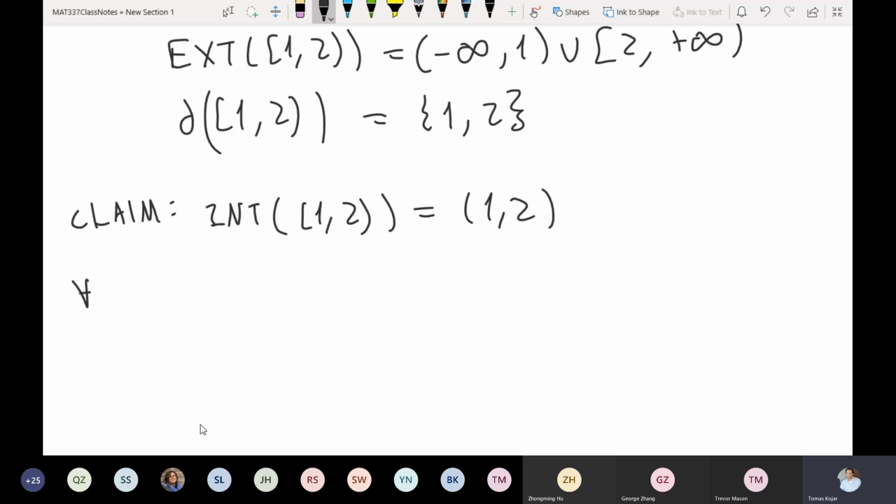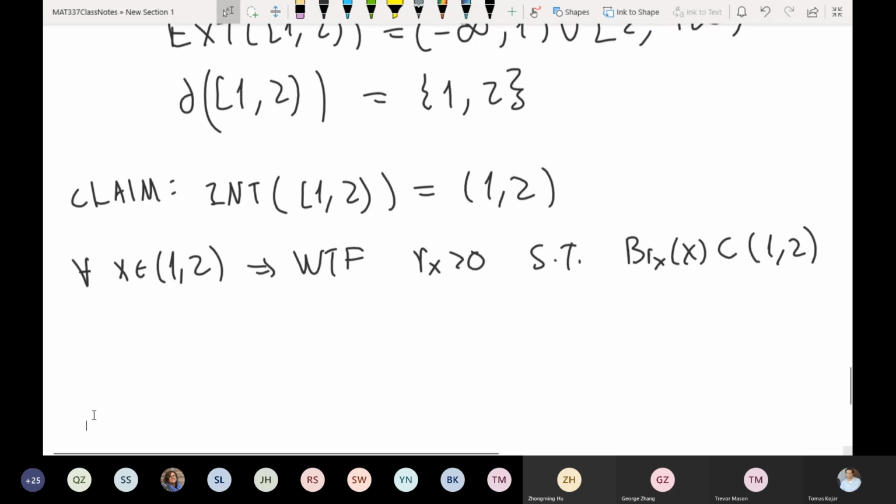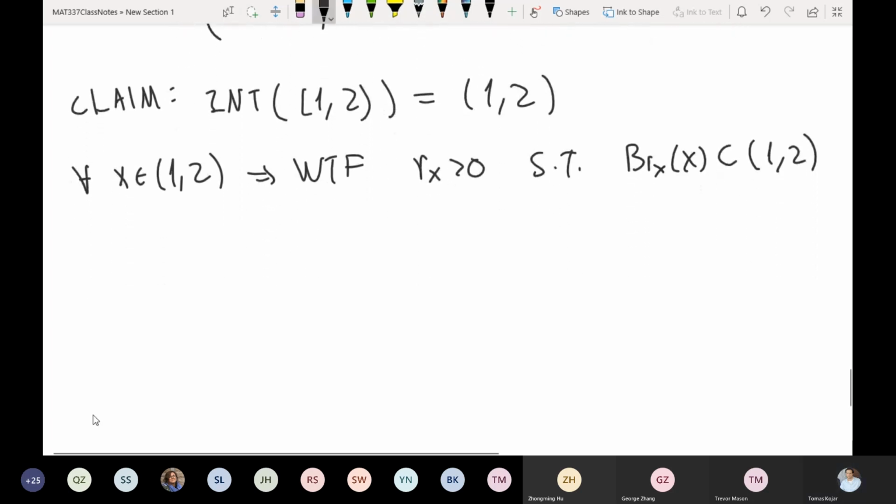For all x in (1, 2), I want to find r_x so that the ball B_r(x) is fully contained in (1, 2). So here we are. This is 1, and this is 2. X falls somewhere in here.